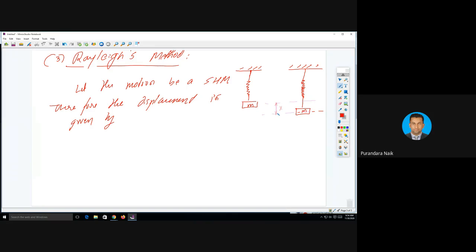Therefore, the displacement is given by the equation x is equal to a sine omega n t.